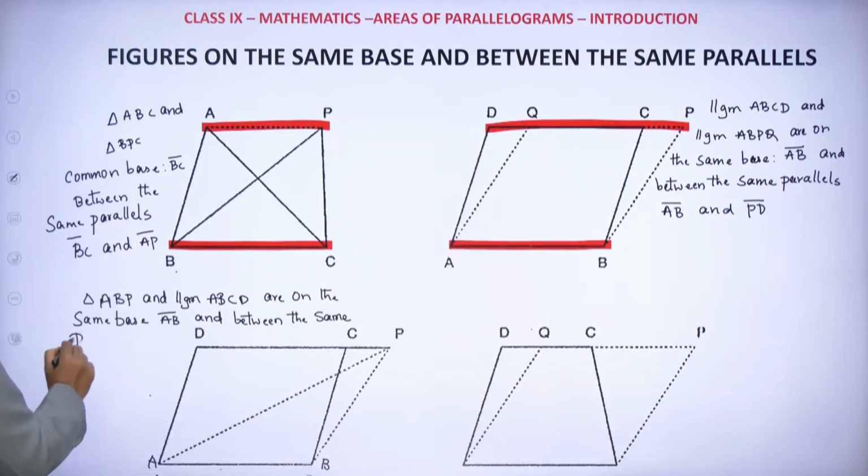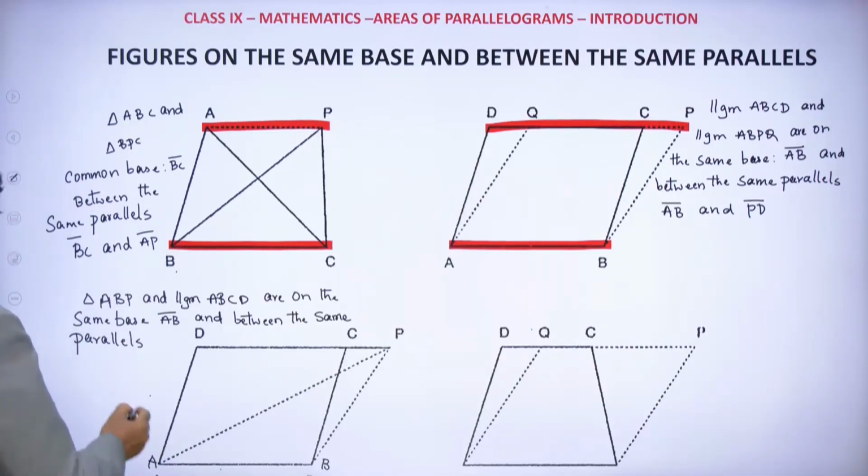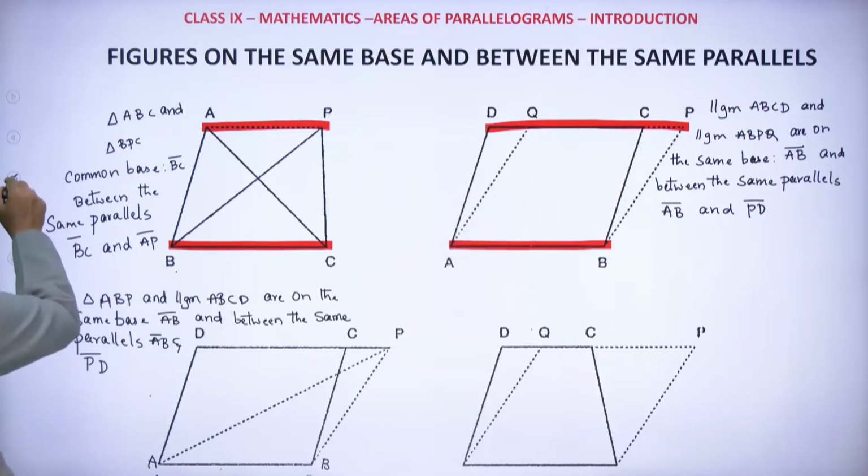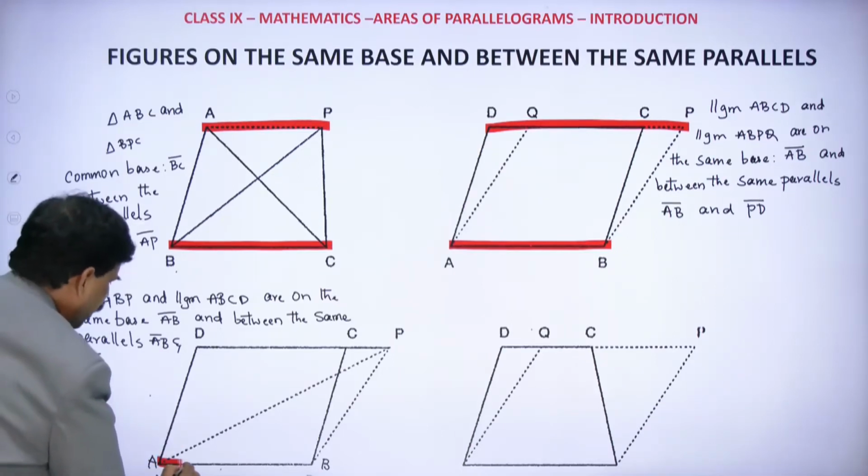And between the same parallels. What are the two parallels you are seeing here? AB and PD. You can see AB and PD here. It's clear? So this is the common base here.